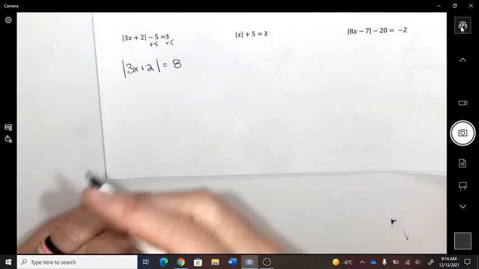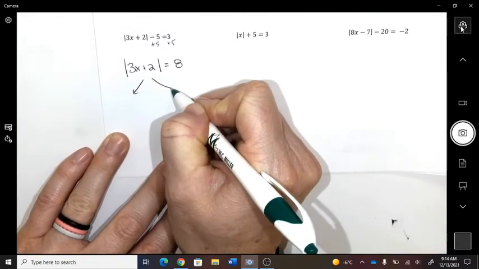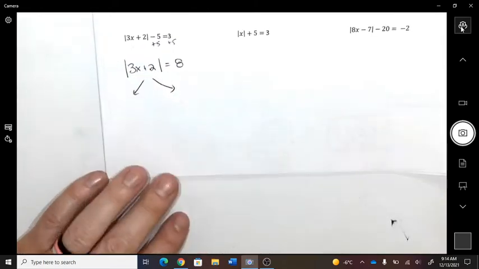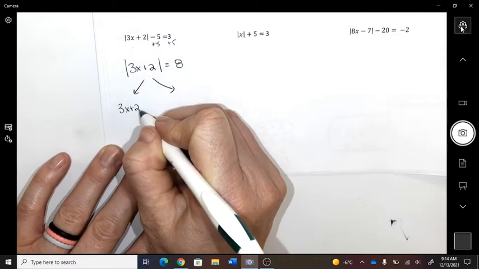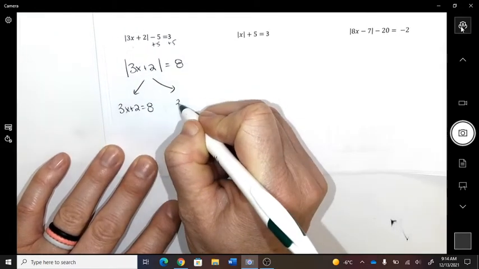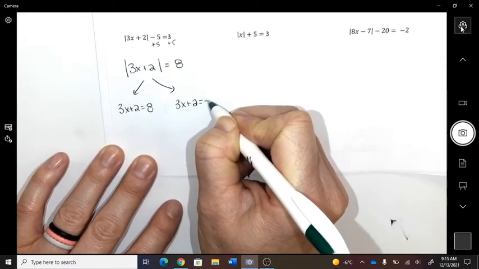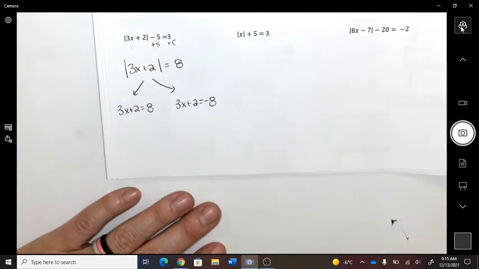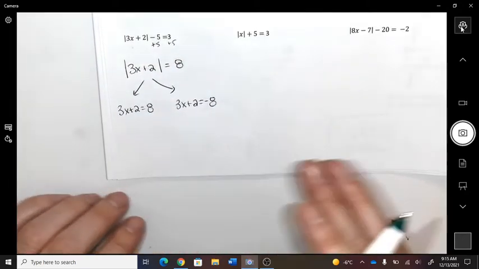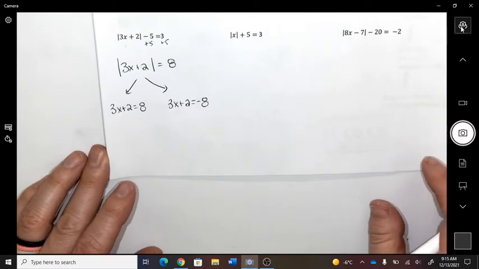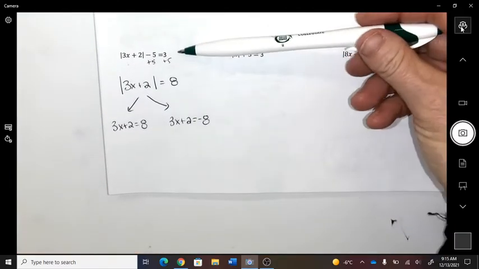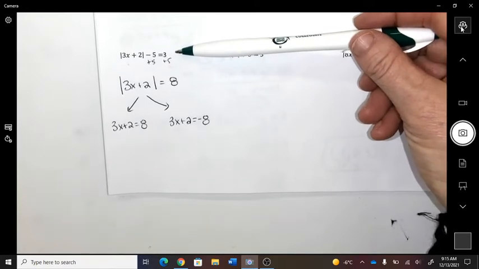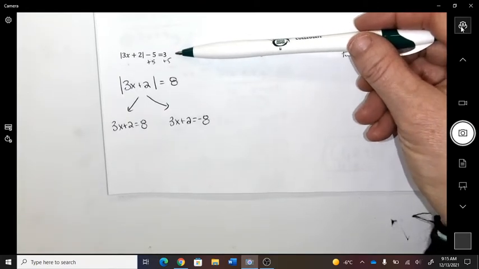Okay, now, what is this inside piece allowed to be? The inside could have been an 8. The inside could have also been a negative 8. Okay, I get a lot of errors on this one because people split up this situation with a 3 and a negative 3. You can't do that.